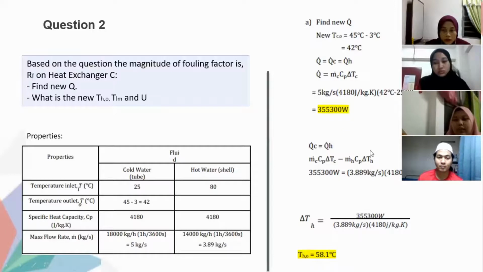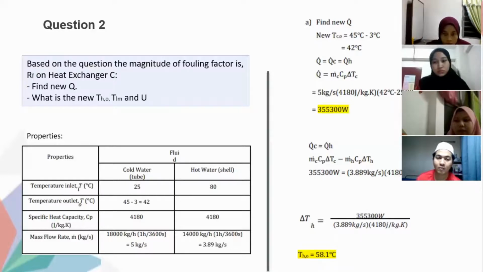So we get Q is 300 watts. And then we can find delta T hot using the same equation. We will get 21.9 degrees C, but in this slide we don't write it.